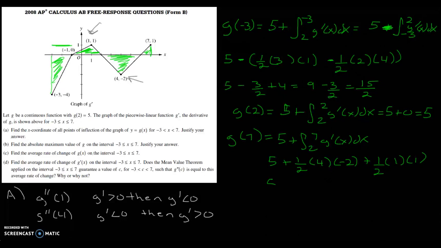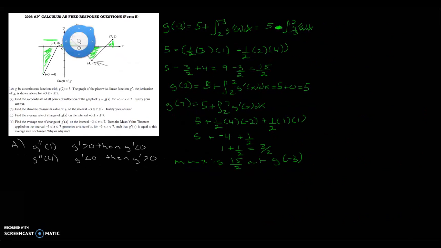So now you're going to get 5 plus, actually, minus 4, plus 1/2. So you're going to get 1 plus 1/2, which is 3/2. So the max is 15/2 at g of -3, of x on the interval from -3 to 7.